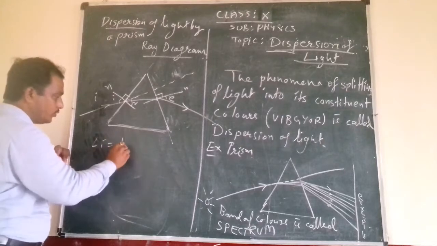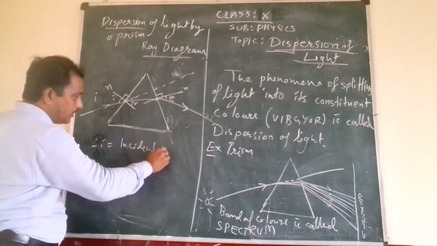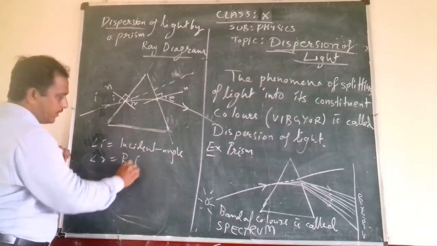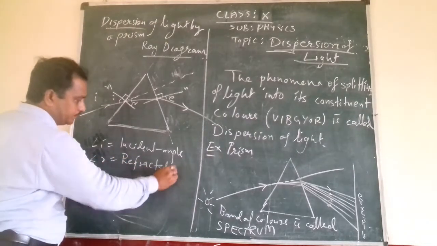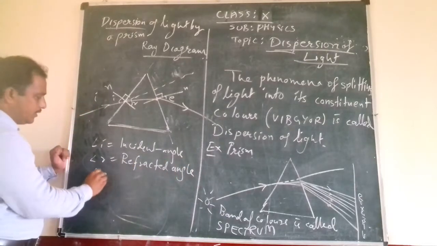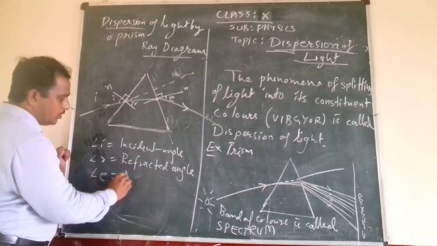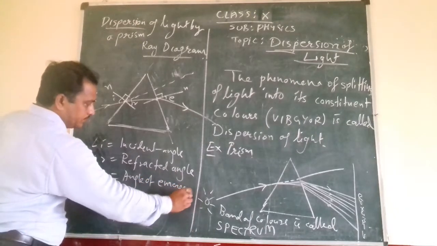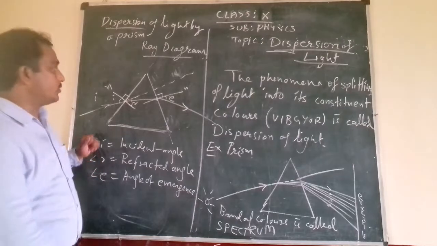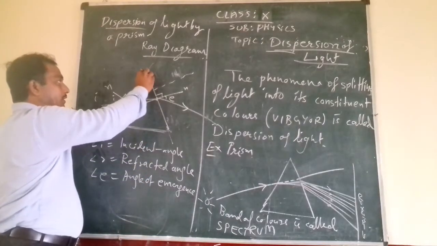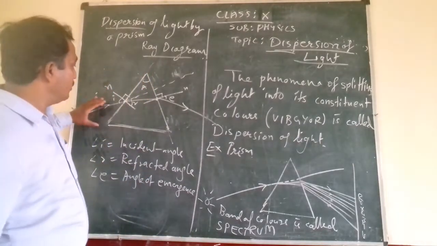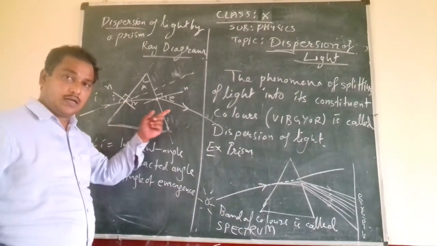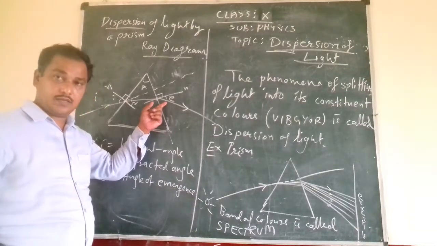Angle I is the incident angle, angle R is the refracted angle, and angle E is the angle of emergence. Capital A is the angle of the prism. Okay, so you are now clear with angle I, angle R and angle E.